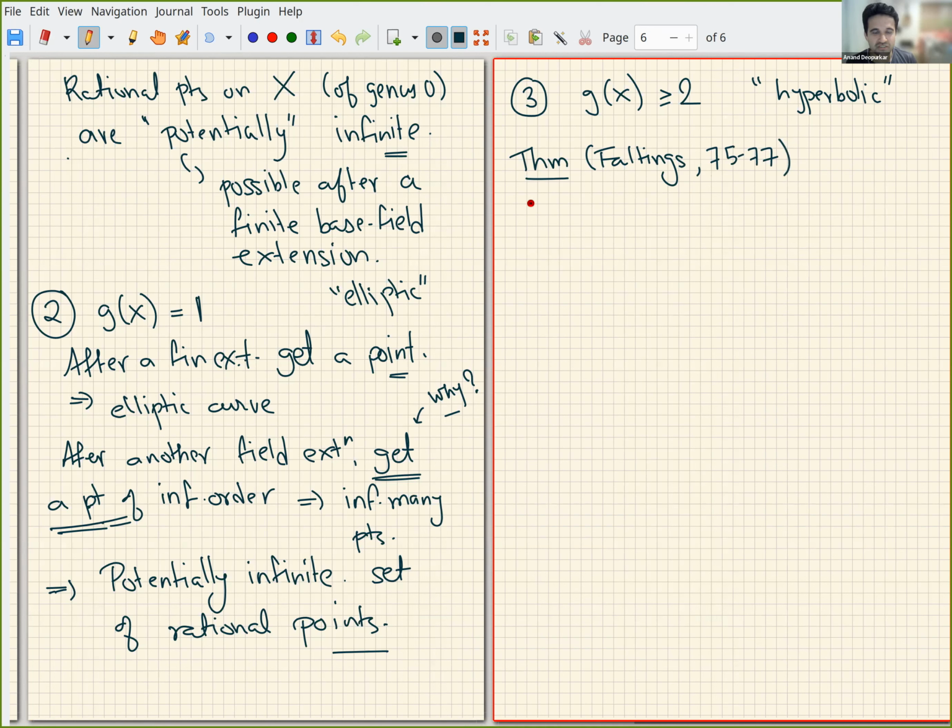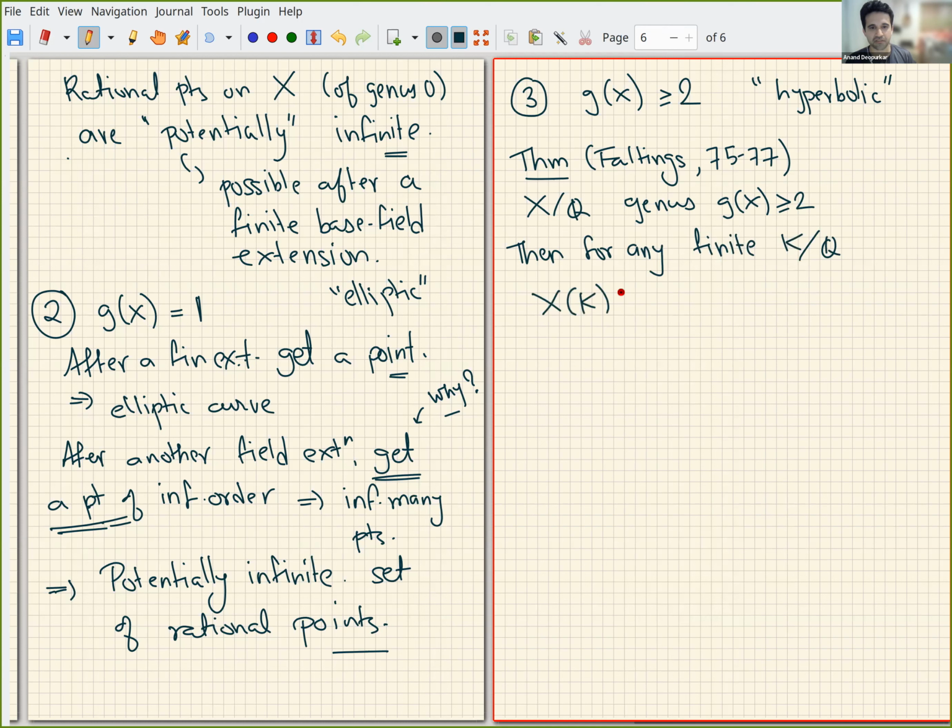And what does this say? Let X over Q be a curve of genus g greater or equal to 2, smooth, projective. Then for any finite extension K over Q, the set of K-rational points is finite.